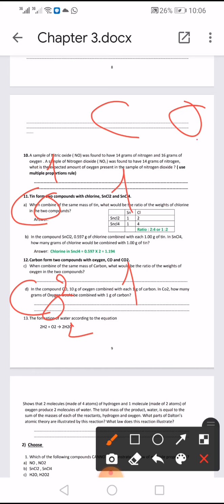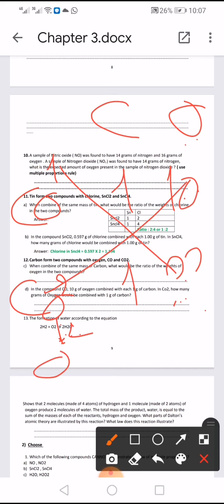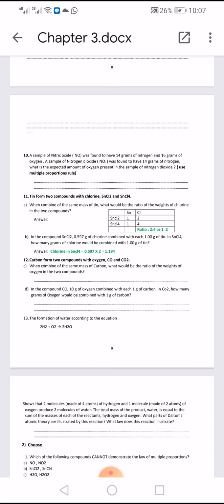What about oxygen in the first compound, carbon monoxide? 10 grams. What about here? To get the amount of oxygen here, the ratio of oxygen is 1 to 2, so multiply 10 times 2, and the answer will be 20. The amount of oxygen is 20, as the second compound has 2 oxygen, at the ratio 1 to 2.